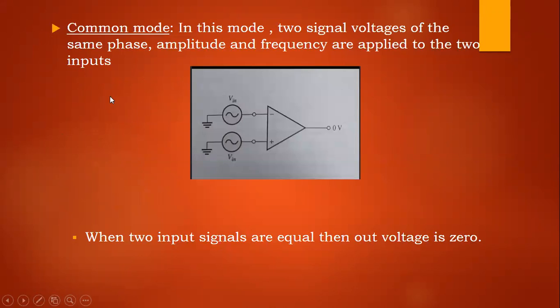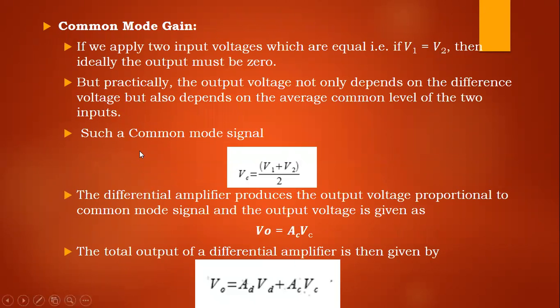Next, common mode. In this mode, two signal voltages of the same phase, amplitude and frequency are applied to the inputs. That means the two input signals are equal. When V1 equals V2, ideally the output must be 0.